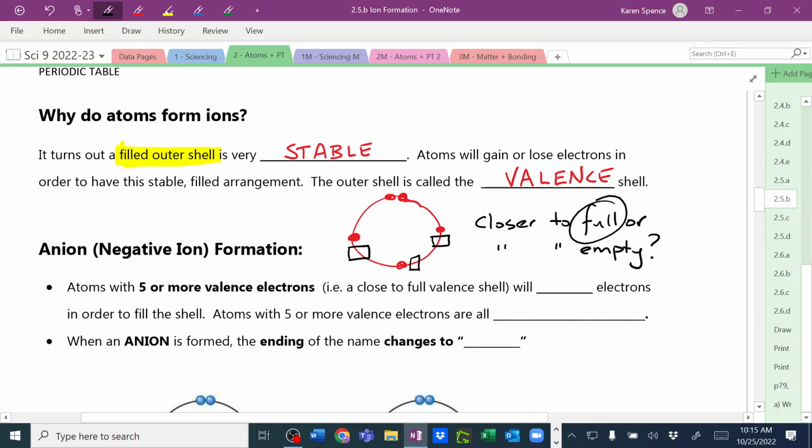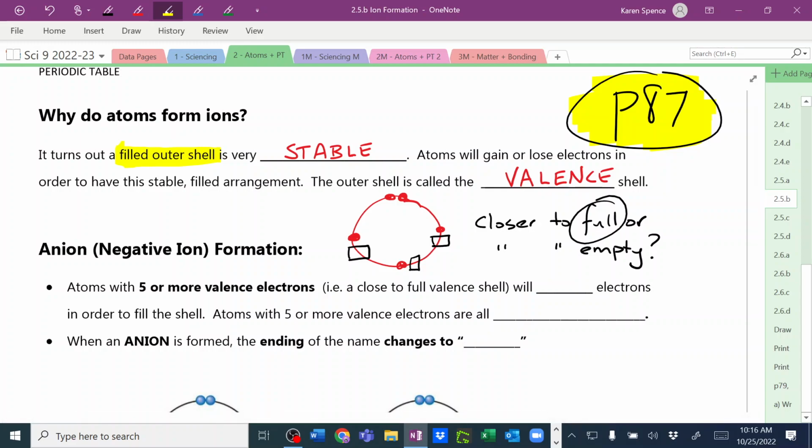So what's going to happen is if you are closer to being full, we are on page 87. If we are closer to full, then what do you think that atom is going to do? Is it going to gain electrons to get a full shell, or is it going to lose electrons to get a full shell?